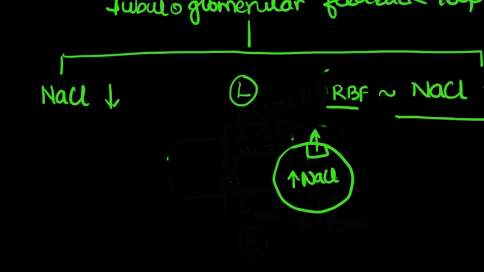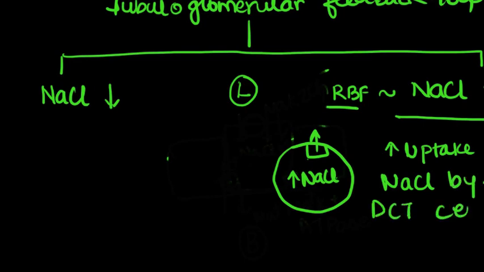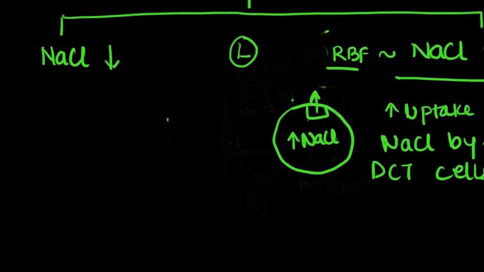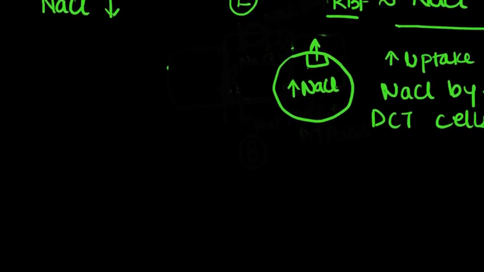So there is increased uptake of sodium chloride by the DCT cells, which is your distal convoluted tubule, a very proximal part of it where the macula densa is. These take up more sodium chloride. Now this would increase the osmolarity of the cell.